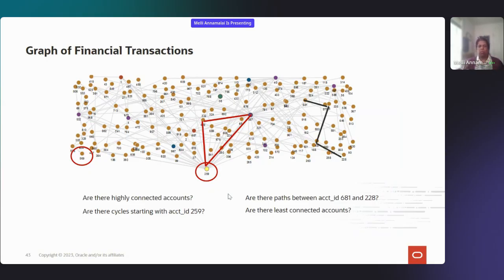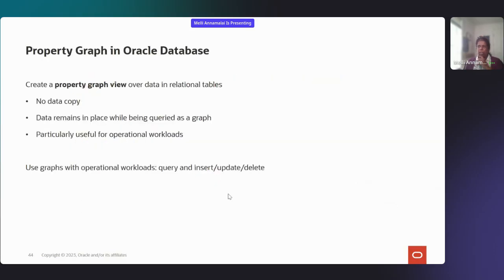And that's one of the things I mean when I say graphs with relational tables. Your data happens to be in relational tables, create a graph from it, which gives you a way to do all kinds of interesting things with your data. So just to emphasize once again, what we're aiming for is creating a property graph view over data in relational tables. There is no data copy; data remains in place.